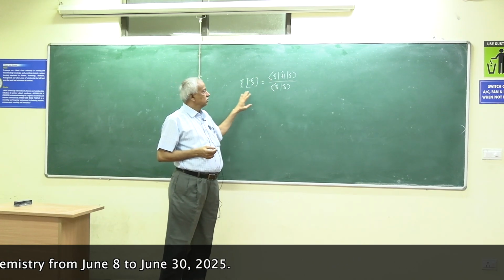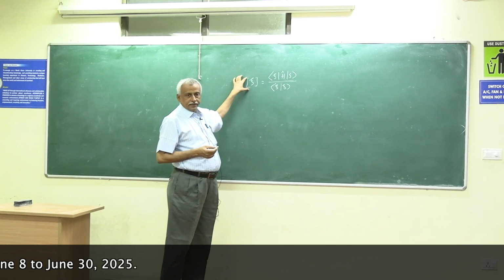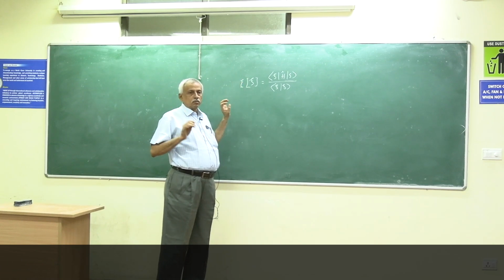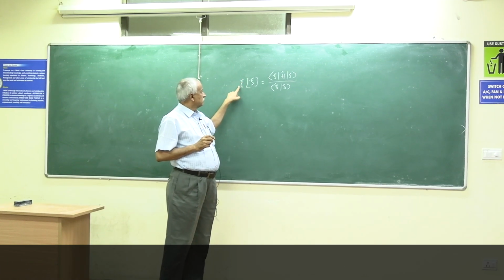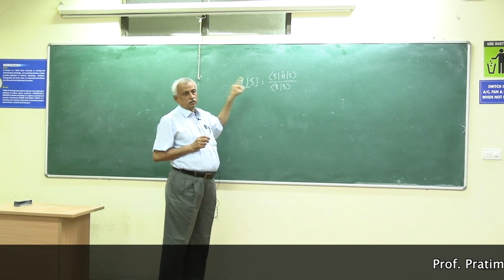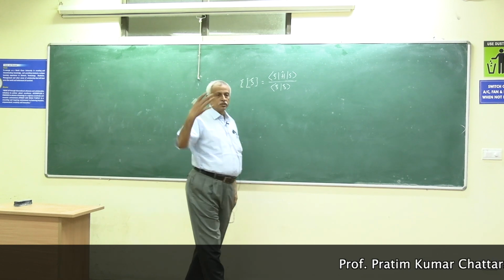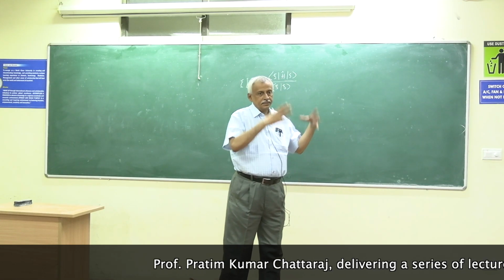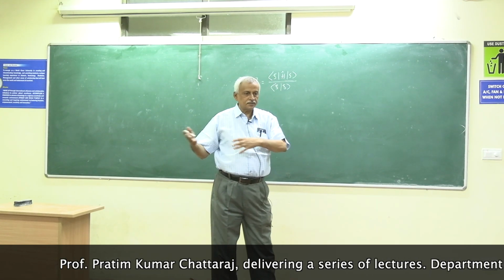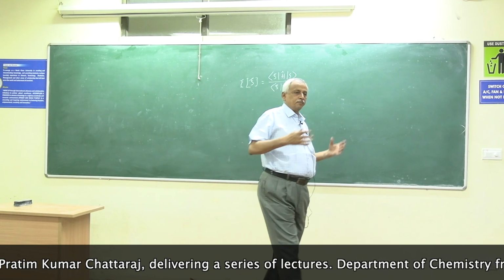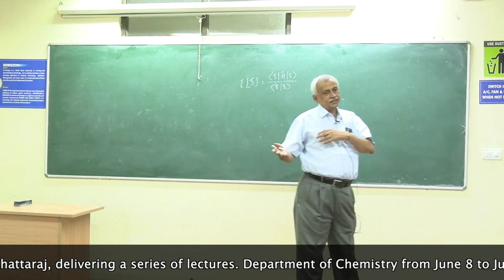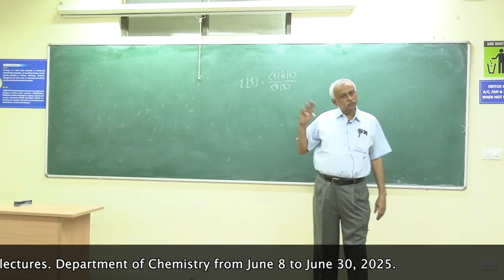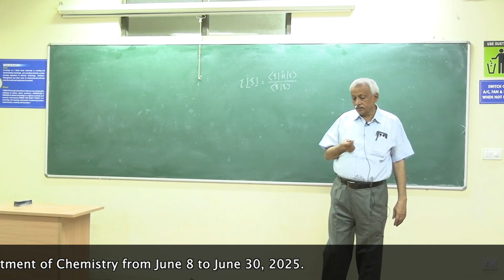As I told you, I will explain what exactly you mean by functional. Only thing you know is that this depends on a function. Unlike a function, which depends on a number, so it is a map from one set of numbers to another set of numbers, here it is a map between a set of functions and a set of numbers. That we'll talk about later.